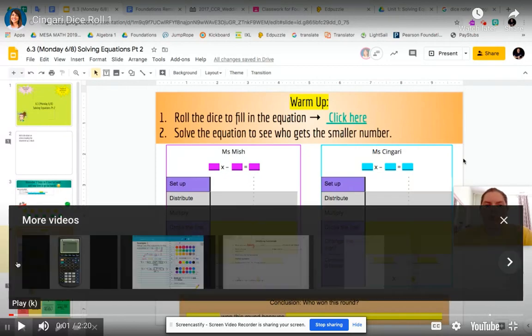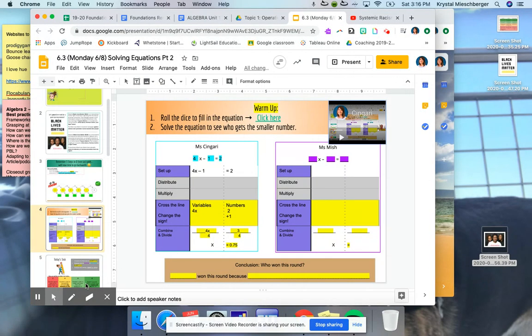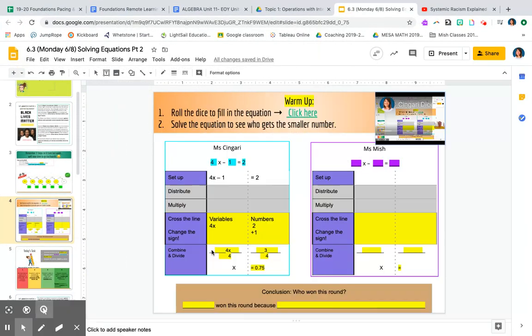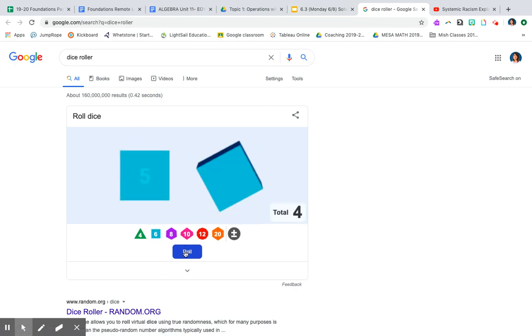Hey, kiddos. All right, so Miss Sangari solved. Now it is our job to also solve. All right, so I'm going to do the same thing. Let me pause while I roll my dice. All right, again, we have a 6-sided dice.